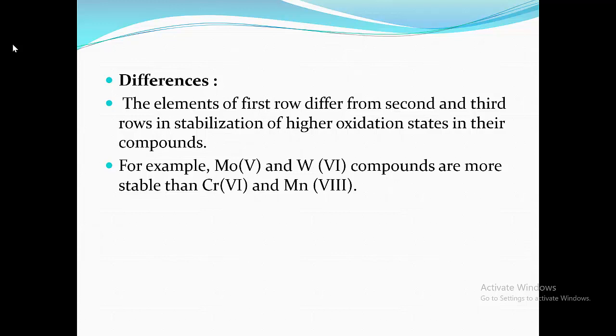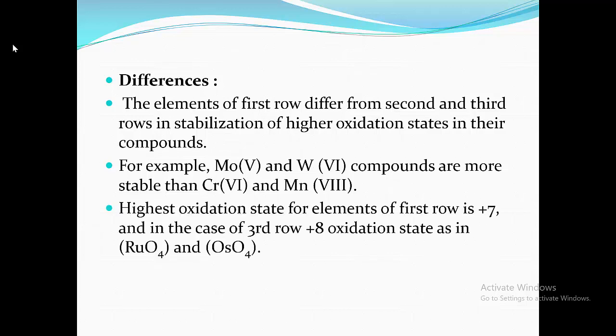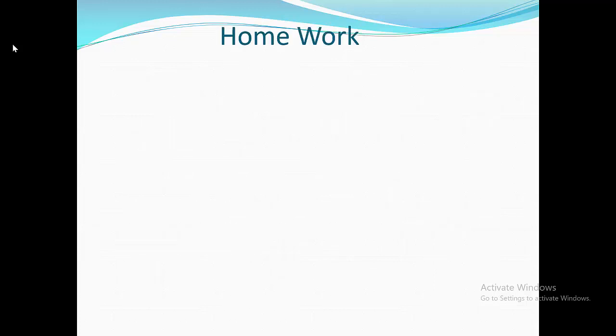Chromium and manganese are present in the first transition series. Highest oxidation state of elements of the first row is +7 and in case of the third row it is +8, as in RuO4 and OsO4.